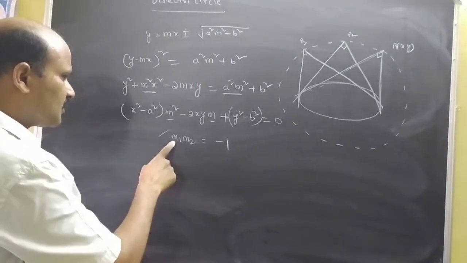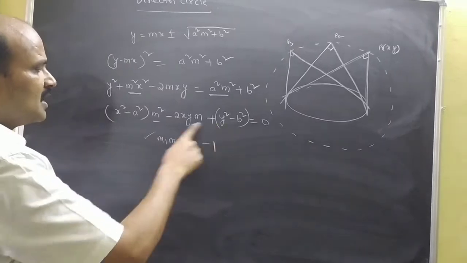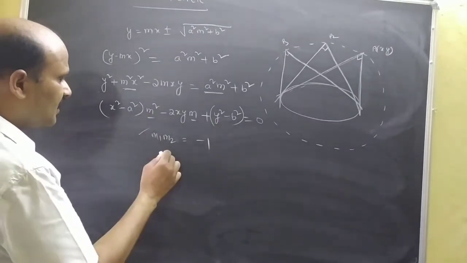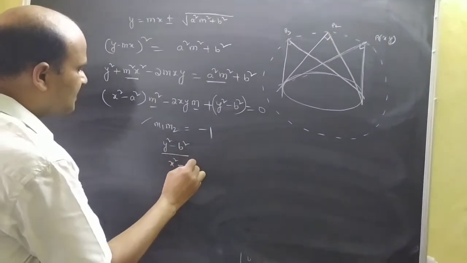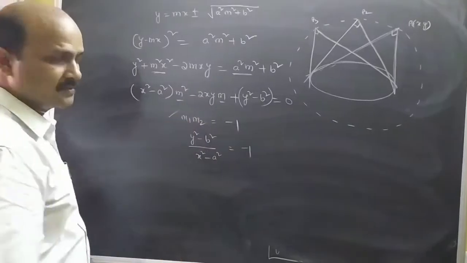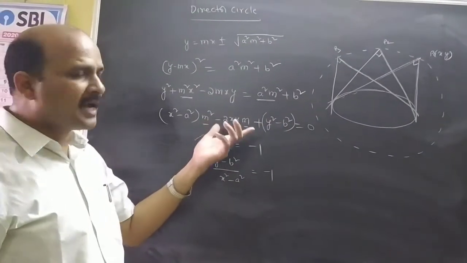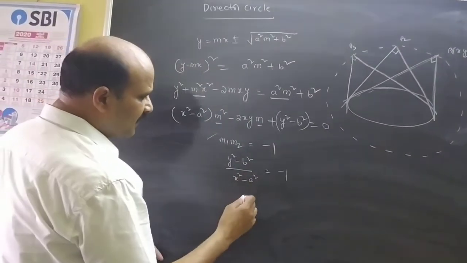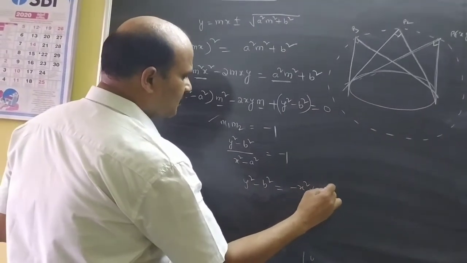The product of the slopes is -1, where m1 and m2 are the roots of this equation. The product of the roots is c by a, that is, y square minus b square by x square minus a square is equal to -1. Now if you transfer this, you will get y square minus b square is equal to minus x square plus a square.